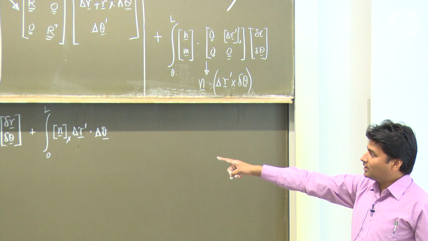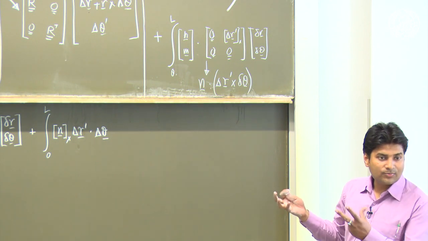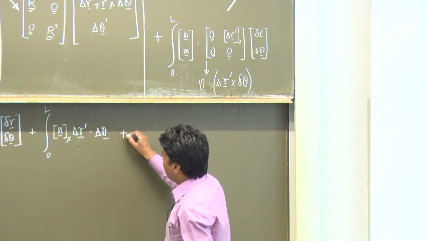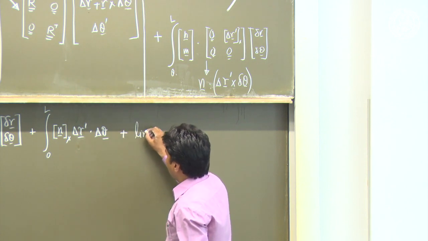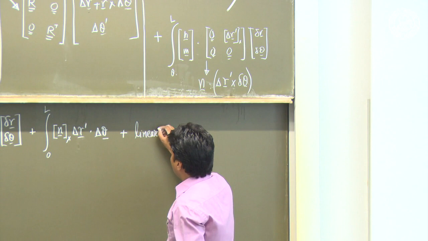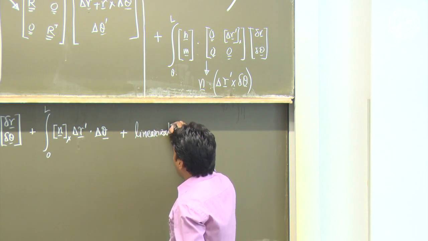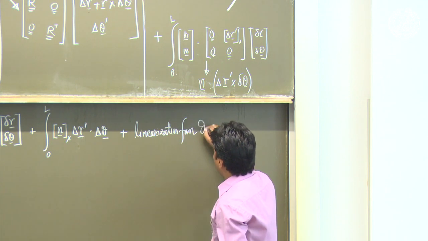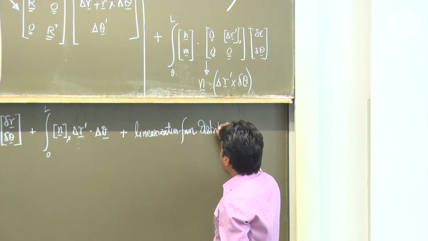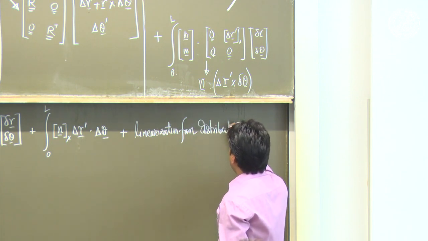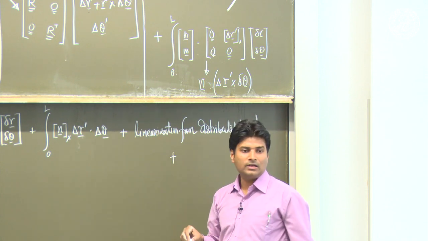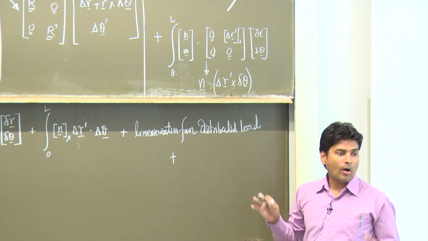So that's the linearization of the internal response of the rod, and then you would also have linearization from distributed load plus linearization from boundary term.